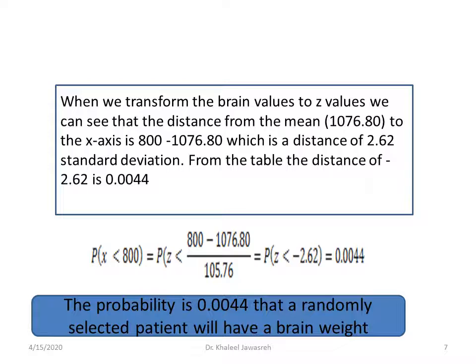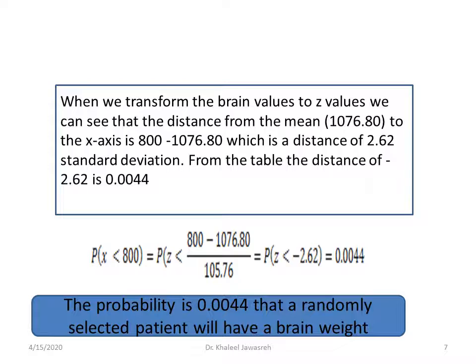2.62 is the value that resulted from applying the equation. As you see below here, the equation is just the value minus the mean over the standard deviation, or the sigma in our example. By applying this equation, just add 800, which is the value of the selected individual who has a brain weight of 800 only, minus the overall mean of those Alzheimer individuals, divided by 105.67.